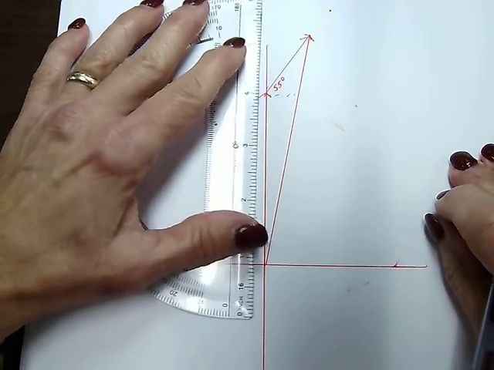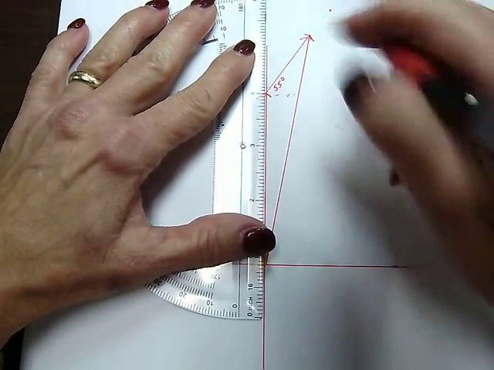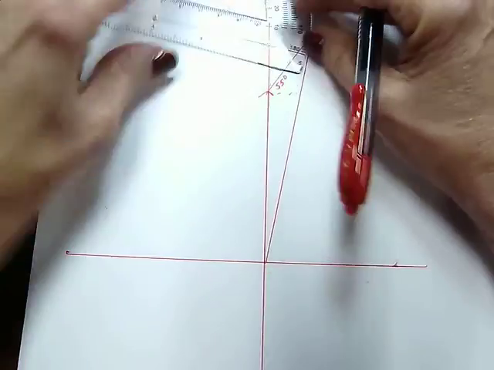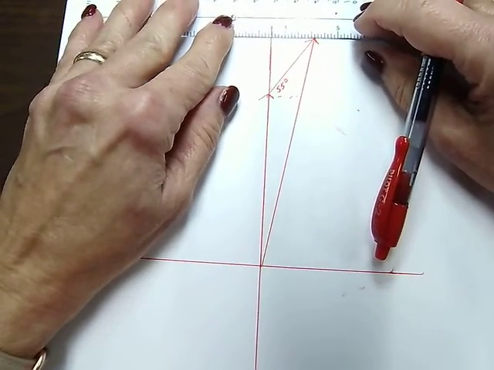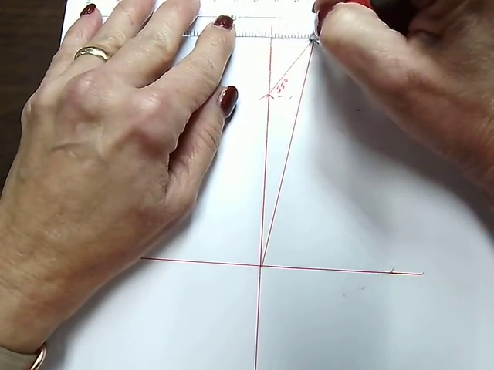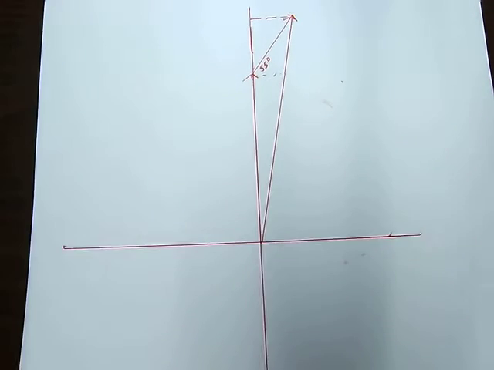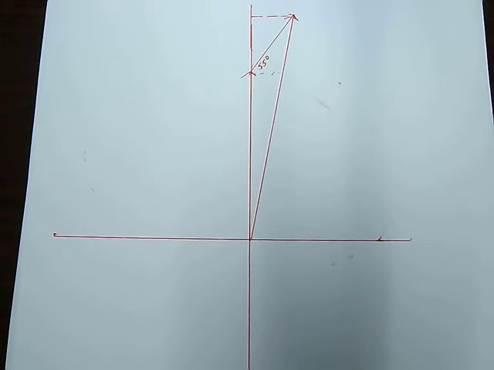Now, once again, I'm going to make an imaginary side of this triangle. If you have any line at an angle, you can make a triangle and figure out what the x and y are, okay?